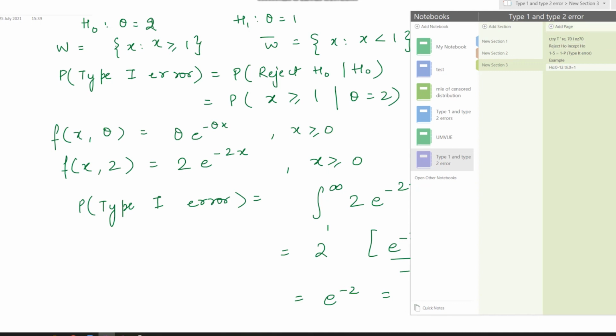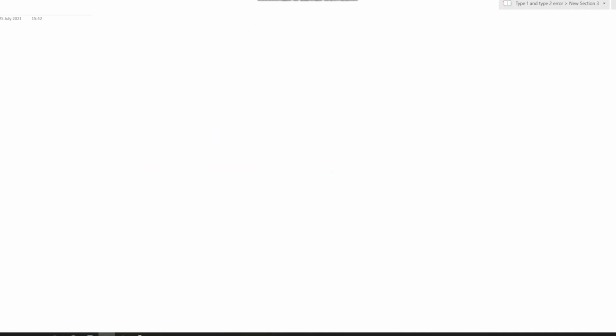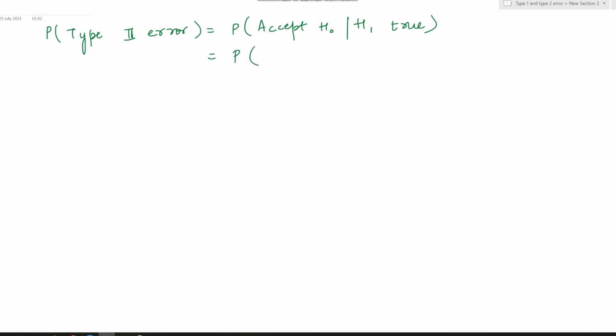Now let's also calculate the probability of type 2 error. The probability of type 2 error is given by the probability that we are accepting H0 given our H1 is true. So we have to calculate this probability, where we have to see what the acceptance region is.